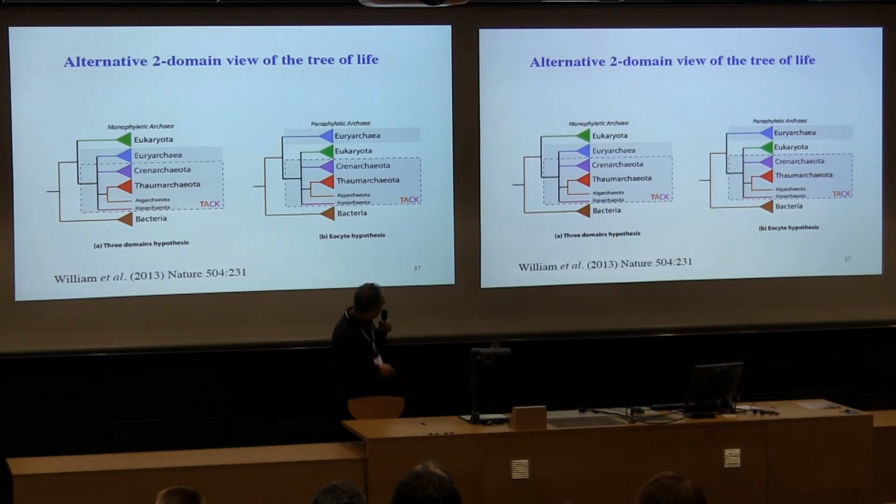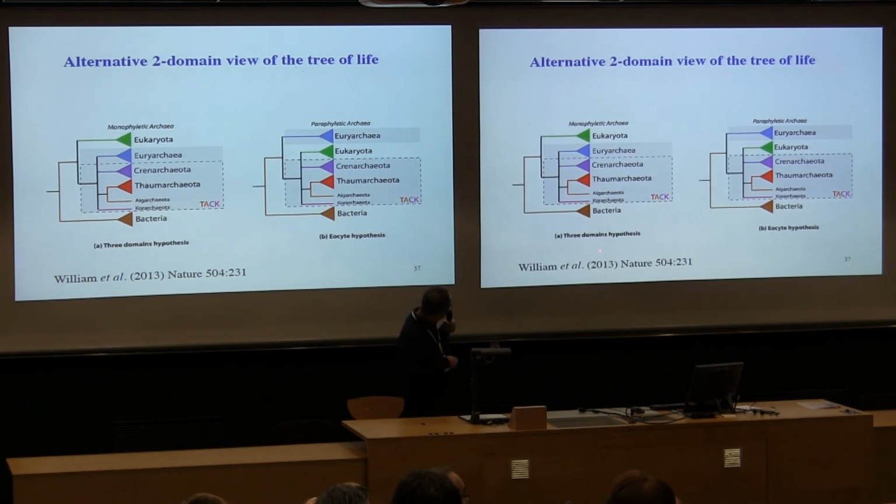Now, in terms of uncertainty about the tree of life, well, there are plenty, especially when we deal with such a difficult question about such ancient events. So the three-domain hypothesis has been very popular, that life is divided into bacteria, archaea, and eukaryotes.